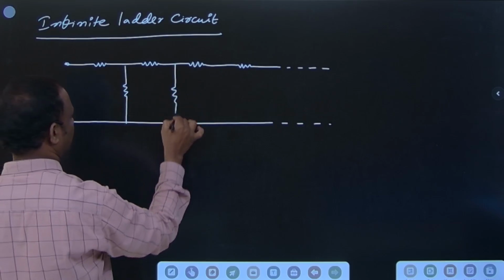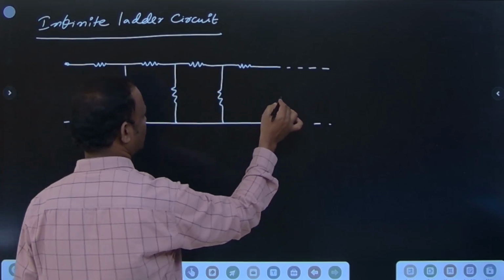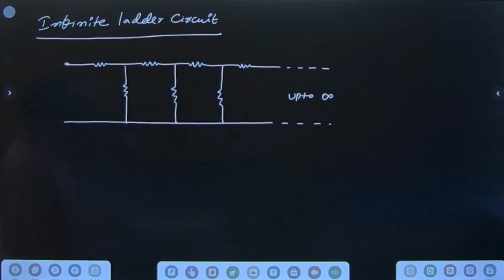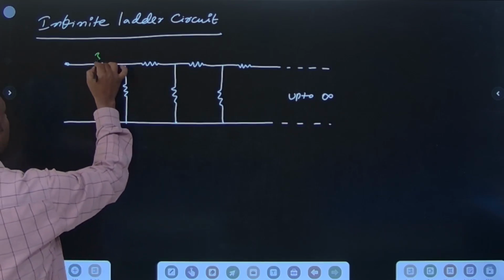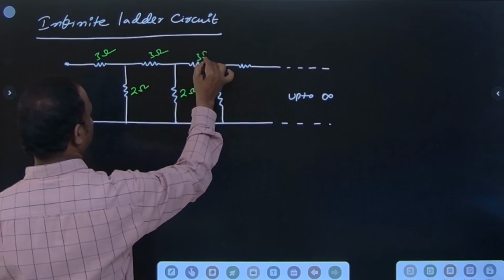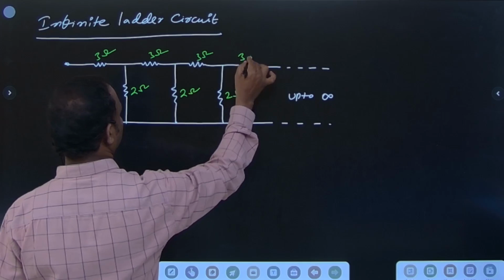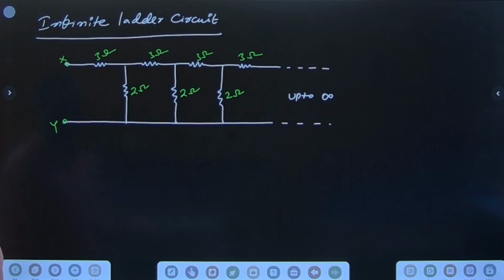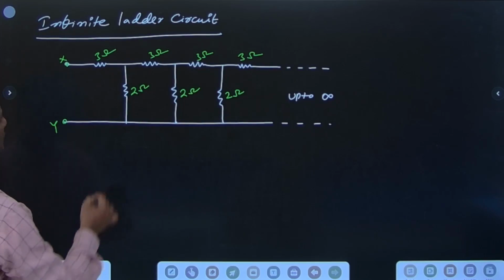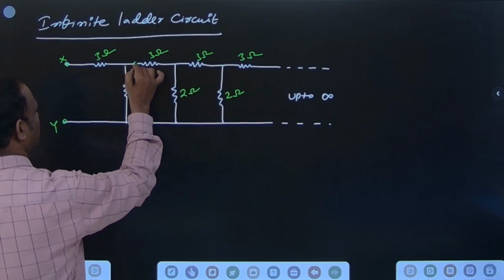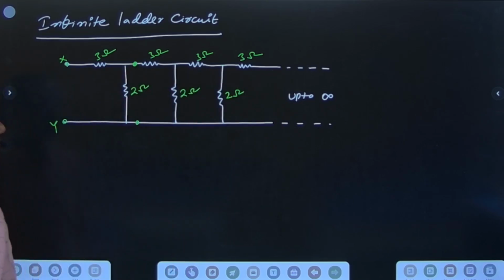The links will be continued up to infinity. The values are 3 ohm, 2 ohm, 3 ohm, 2 ohm, like this, with points X and Y, otherwise A and B. You can choose which part is repeating.